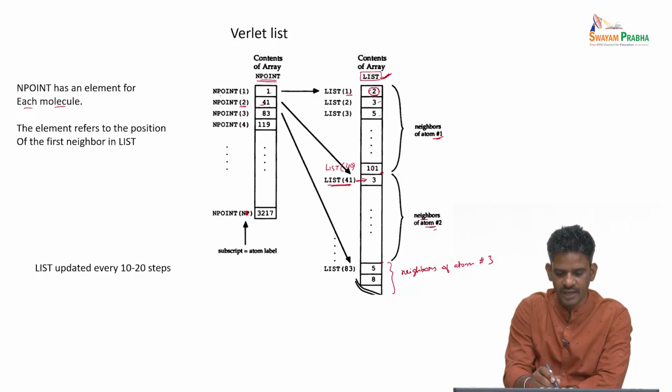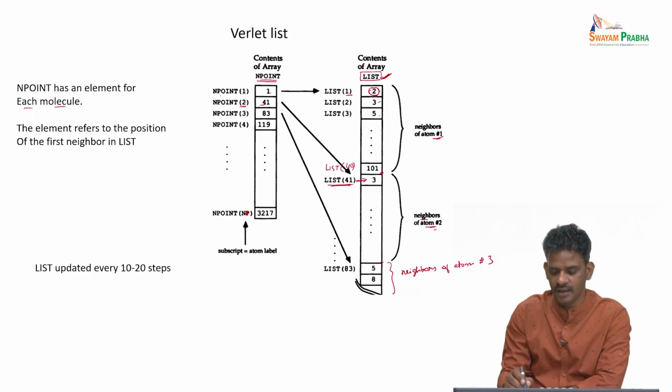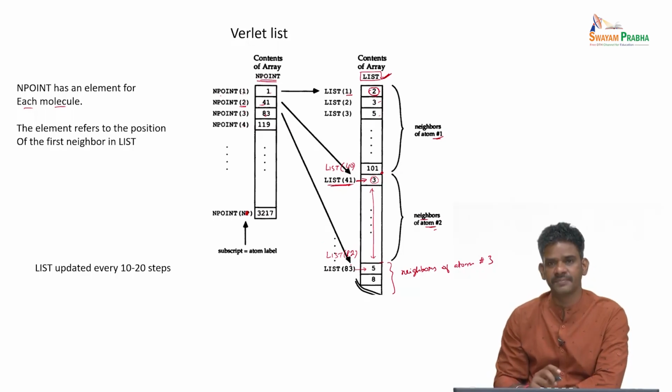Similarly, if you go to atom 2, the first element is in list of 43, which is atom number 3. And then if you look at endpoint 3, that means the first neighbor of the third atom is at the 83rd position. So, you go to the 83rd position, and this is the first neighbor of the third atom. So, for the neighbors of the second atom, all we need to do is go from 41 to list of 82, and all this will have the neighbors of the second atom.